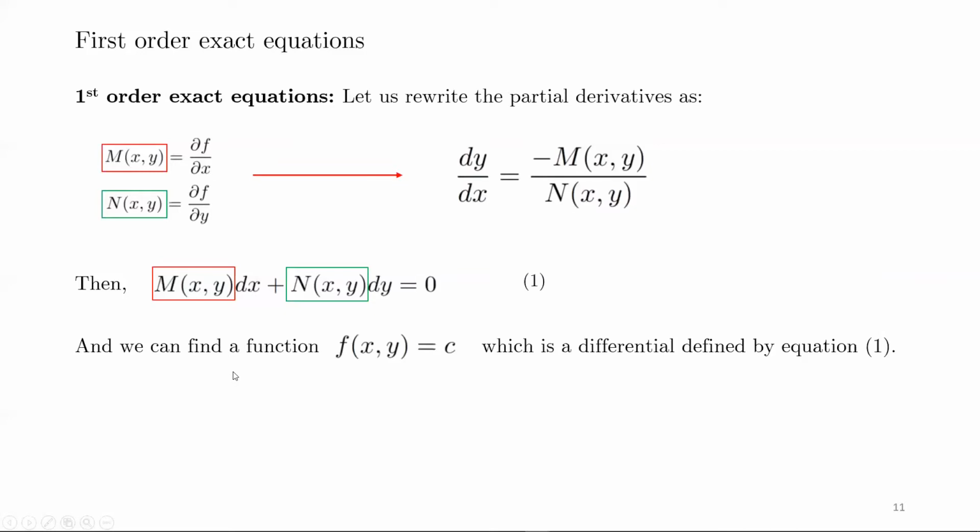And we can always find a function: if we're given a differential equation in this form, then we can find a function f of x, y equal to a constant, which is defined by this equation, equation 1.